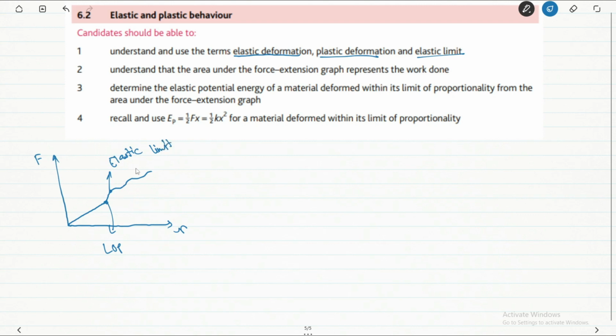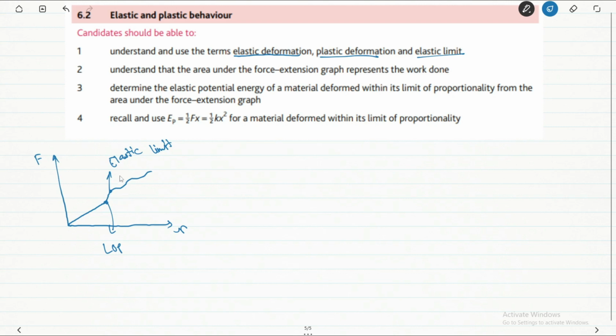So what elastic limit means is how much an object can be deformed and returned to its original position, right? So for example, if you take a spring and you extend it so much that it breaks, right? So it has gone past the elastic limit, but if it doesn't break, it has not gone past the elastic limit.